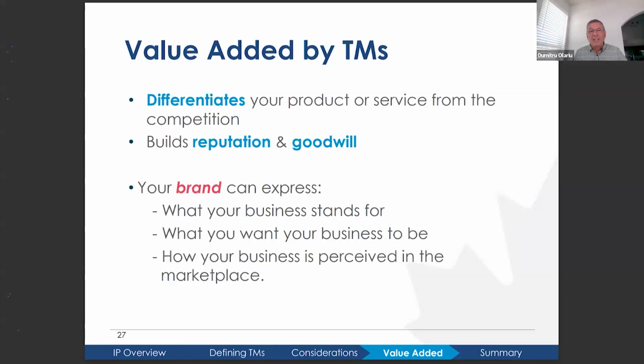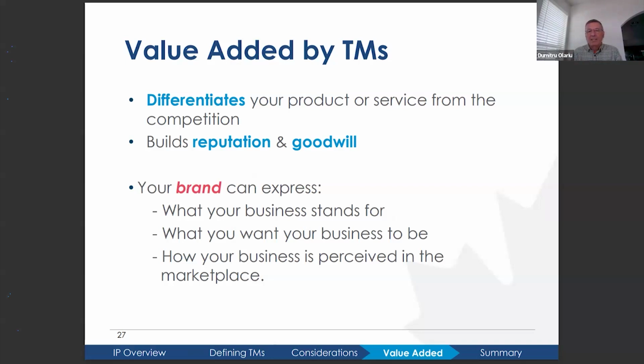In summary, if I may, about the value added by trademarks, first, it differentiates you. It sets you apart from your competitors, and also builds reputation and goodwill, as has been mentioned before.